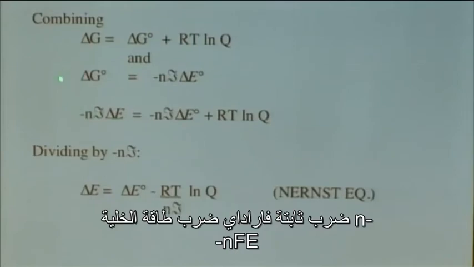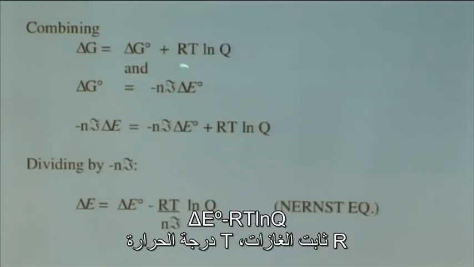For delta G, we put in minus n Faraday's constant times delta E. For delta G naught, we put in the same thing with delta E naught, plus RT, gas constant times temperature, times the natural log of Q, our reaction quotient. Now we can divide both sides by n and Faraday's constant, and we come up with the Nernst equation.